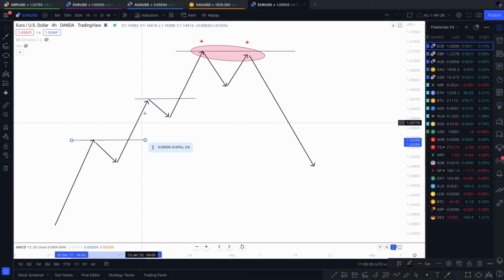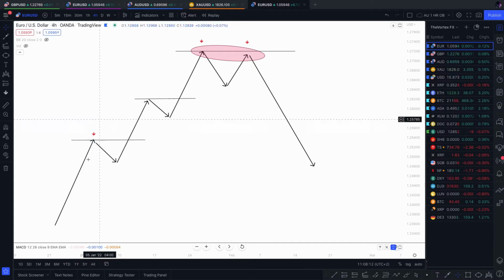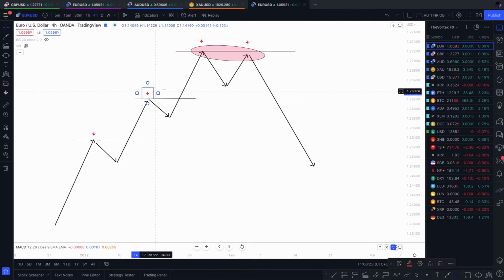It breaks through previous resistance, which is over here, because this was an area that price could not break at first. It then cooled off, consolidated, and then managed to break through it. Same over here. It made a higher high, came back down, and then broke through this higher high.